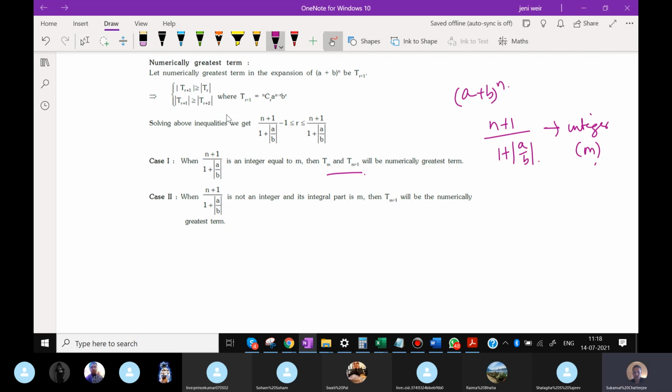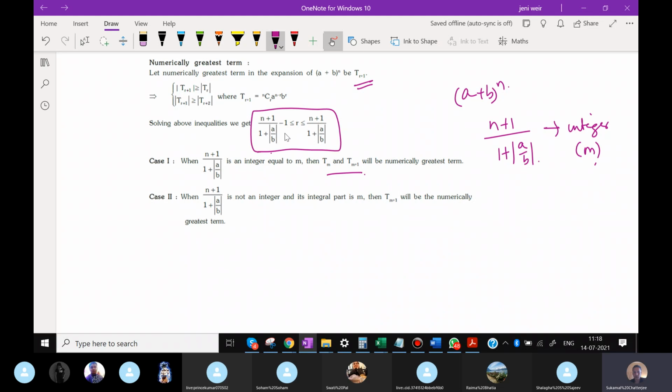Because if you calculate the value of the (r plus 1)th term and assume that it is the greatest term, it should be greater than both the rth term and the (r plus 2)th term. If you solve these two inequalities, you get this result.